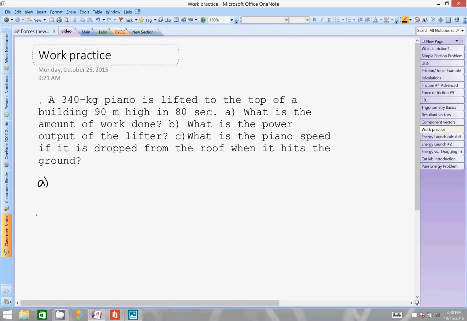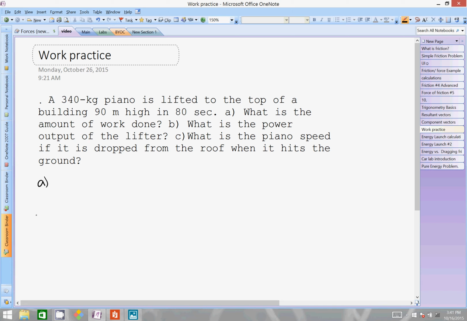What is the power output of the lifter? What is the piano's speed if it's dropped from the roof when it hits the ground? Go ahead, pause this video and give it a try, and then I will work it out, and you can see how you do.